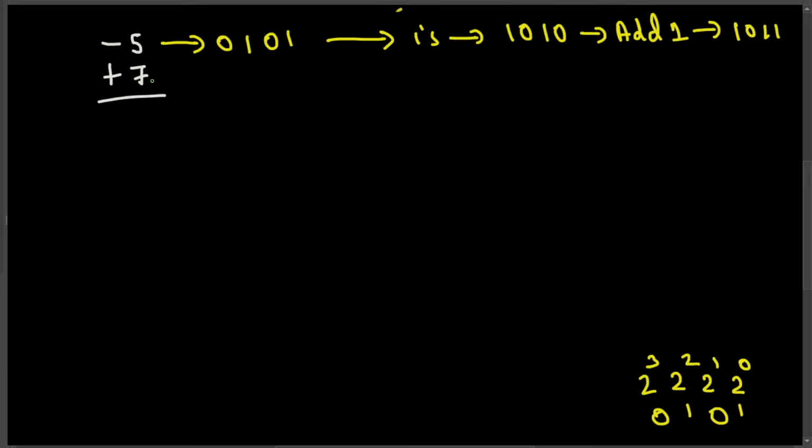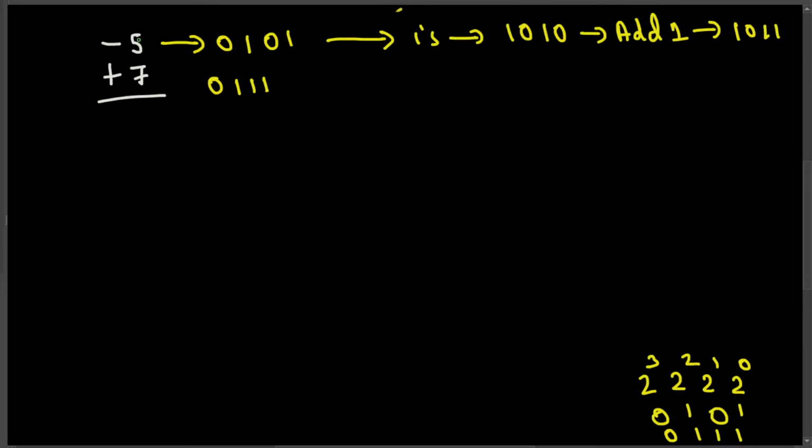And for 7, since 7 is positive, we can directly find the value. So here 4 plus 2 plus 1 is 7. So that is 0 1 1 1. Now we can go ahead and do the addition. When you do the addition, make sure you bring the 2's complement when you have a negative number.